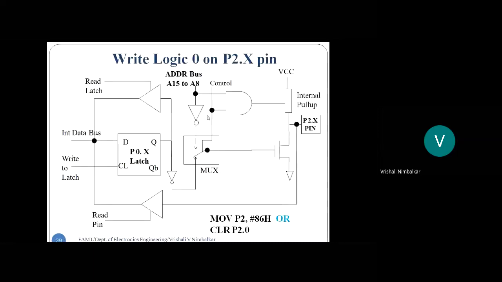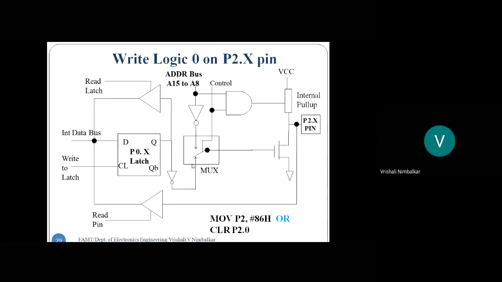This is the circuitry which controls the functionality, whether it should function as an IO port or as an address bus. And the diagram is exactly similar to port 0. What's the only difference? That internal pull-up. Instead of showing a MOSFET, we have shown just one box indicating it's an internal pull-up. But again, you should know what is inside. It's a MOSFET inside.